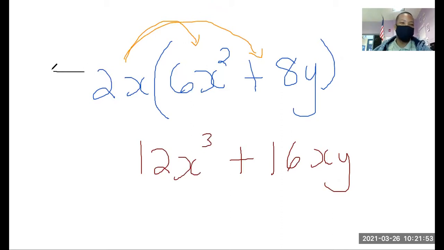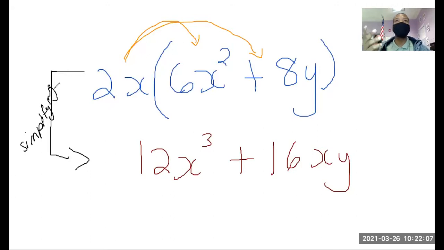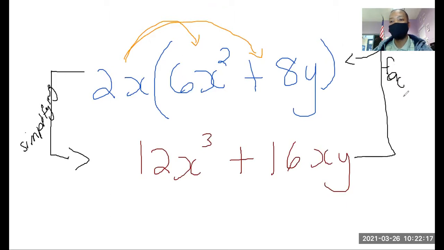From the first part to that part is called simplifying. Simplifying is when you do the distributive property, you combine like terms, you do all the extra stuff. And from here to here is called factoring.